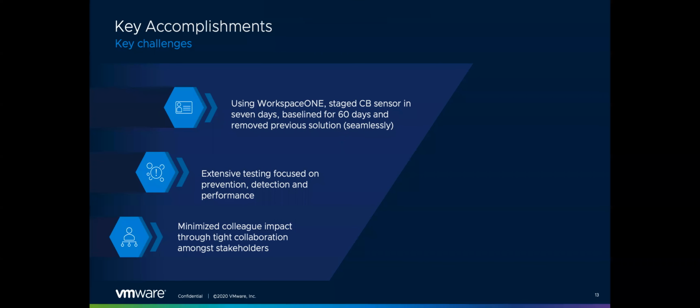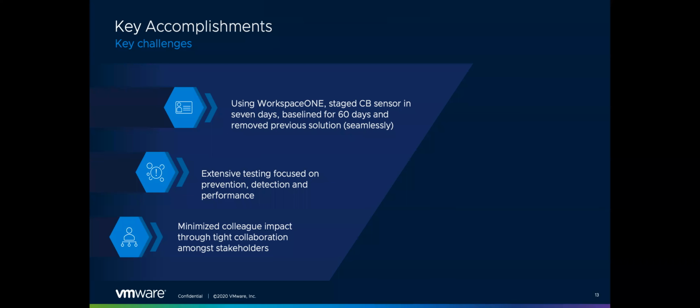For us, we are actually able to run our previous solutions side by side in addition to Carbon Black, and then methodically go through and enable EDR, still running the previous solution. This gave us the ability to learn our environment and baseline the policies. Once we were comfortable with the policies that we identified within our environment, we began to methodically enable prevention and disable the previous solution.